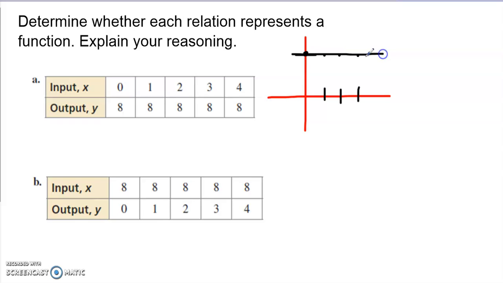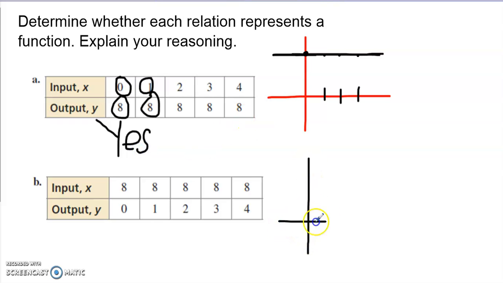So we're going to get a line that looks like this. Because we have an x and it is 0 and it only goes to 8, this is okay. We have 1 and it only goes to 8. So yes, this is a function here. So the answer for A is yes, this is a function.